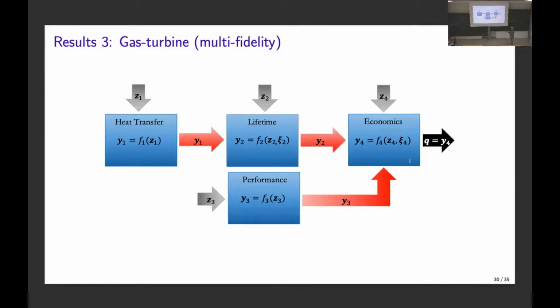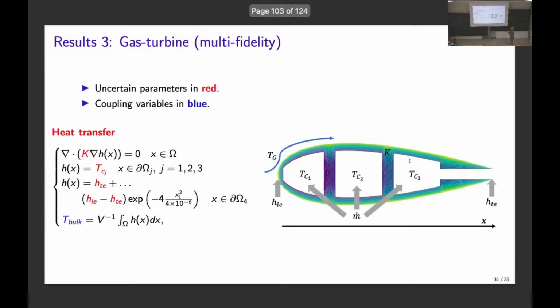I need it to estimate the lifetime. The lifetime I need to estimate how much will be the revenue of the turbine. The revenue depends also on the performance of the turbine. And so the turbine is like a classical PDE, which depends on a bunch of random parameters: diffusion in the metal bulk, the coolant temperature of the 3 fluids that cool up down the blade.